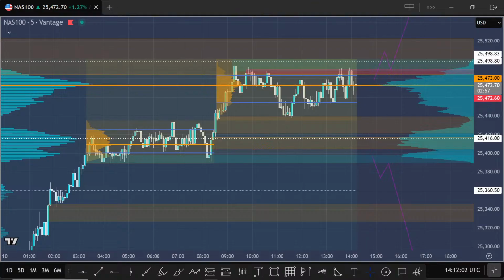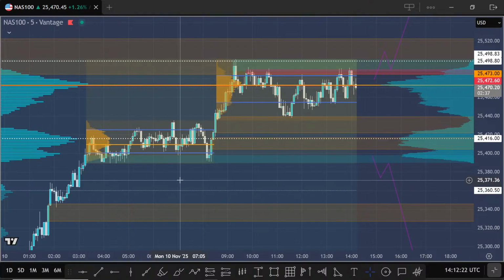Pardon me. So we're pushing the upper edge of the value area. Let's have a look actually at the daily profile.